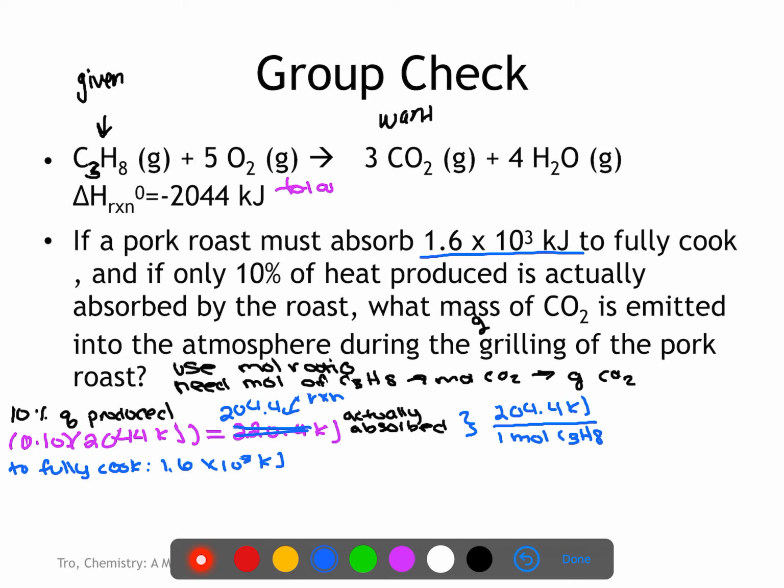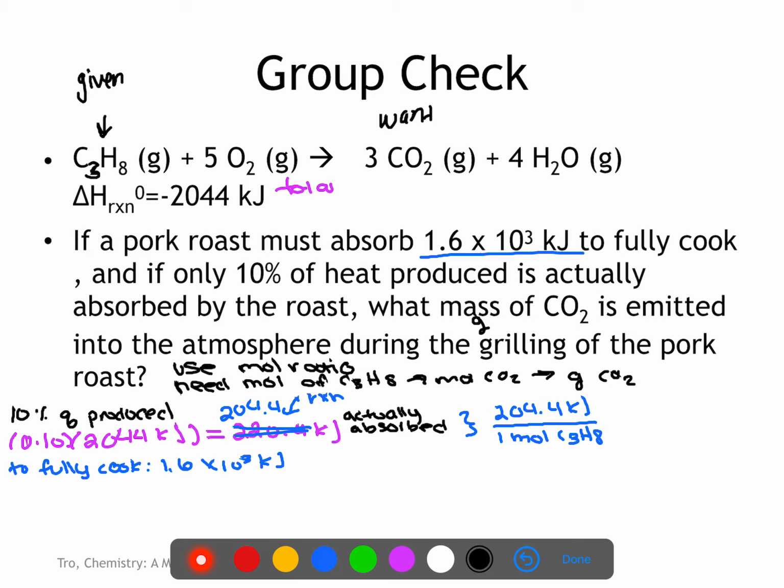So I didn't change anything. I still used my 10%. I just had a quick typo there. So 0.10 times 2044 gives you 204.4 kilojoules. That's for the overall reaction. I'm looking at just my propane, so I put 204.4 kilojoules over 1 mole of propane.